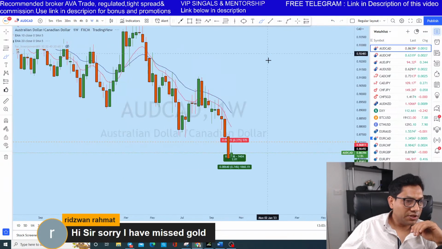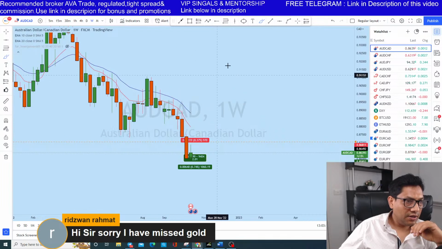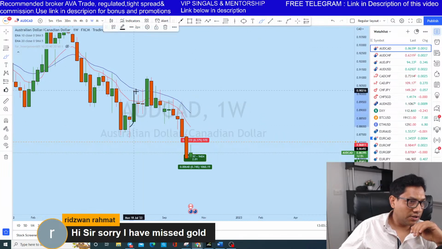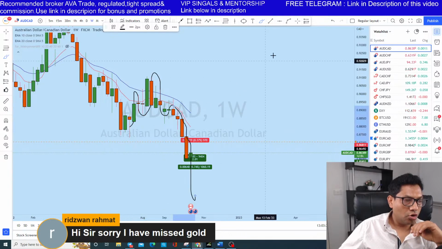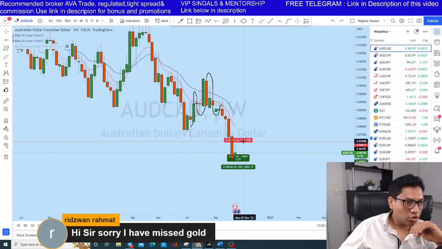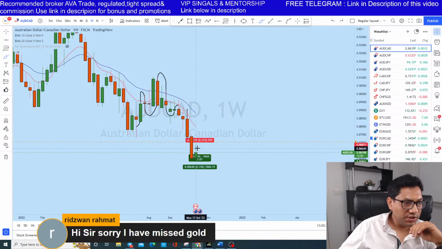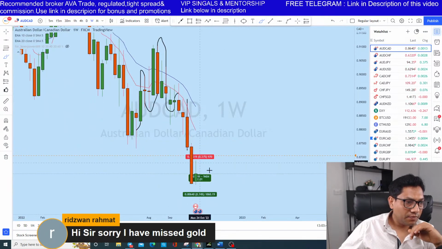If you look at the weekly perspective, we see there is a weekly head and shoulder. You can see that head and shoulder, and then there is a strong drop. Back to back 2 weeks of strong drop, followed by this week, a retracement, which is expected in a healthy trending market.